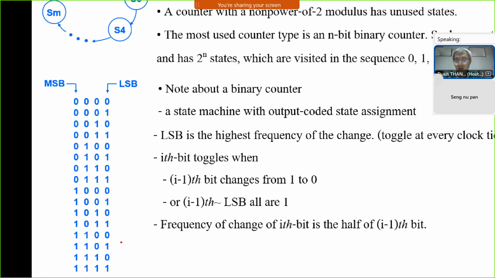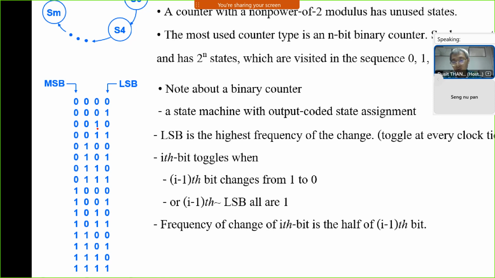Or if you observe the LSB, it changes 0101010, right? It changes every clock tick, or toggles every clock tick. But for the next digit, it changes 0 to 1 on one clock tick, doesn't change on the next, then changes 1 to 0, and so on.